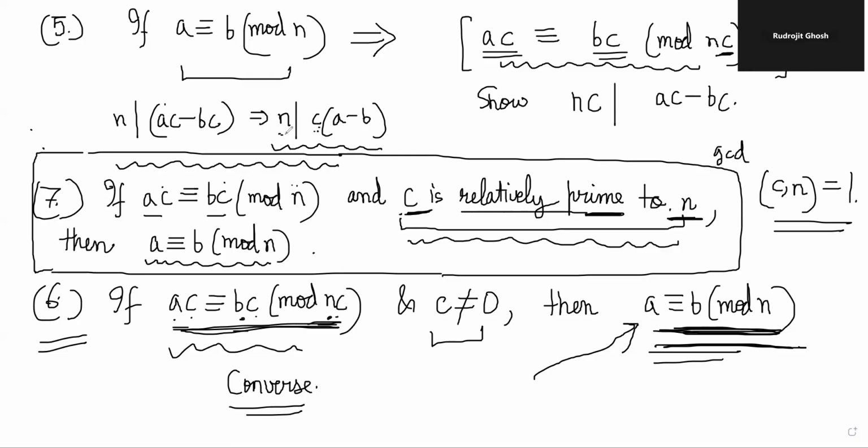Then n should be divisible by A minus B. N should divide A minus B only. It cannot have anything with C, right? So from here, because C and N are co-prime, we can say N divides A minus B is obvious. And therefore, we are saying this. So remember the properties. It may seem obvious right now, but it will definitely be tricky when you do questions. So keep these in mind.